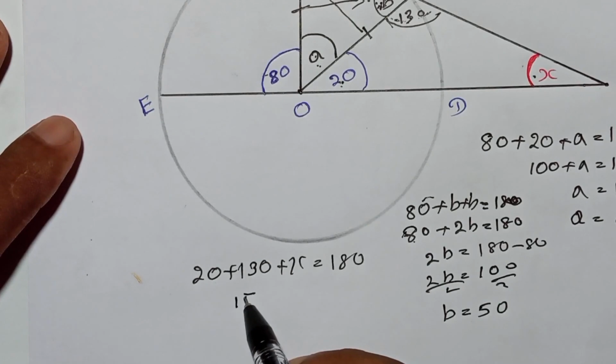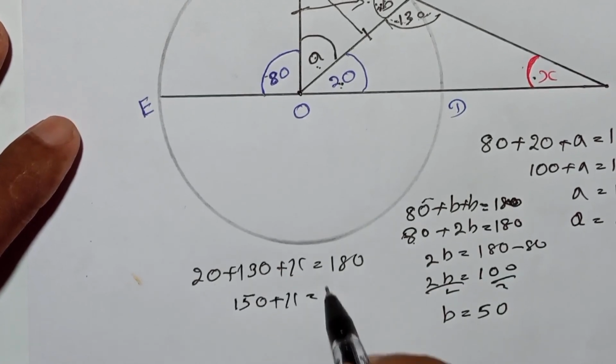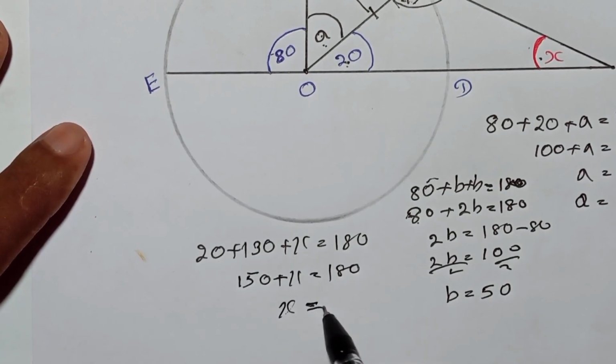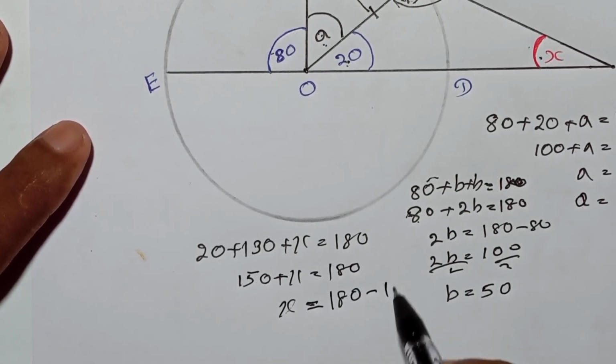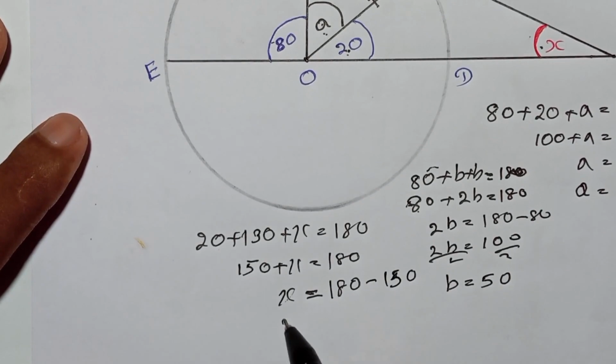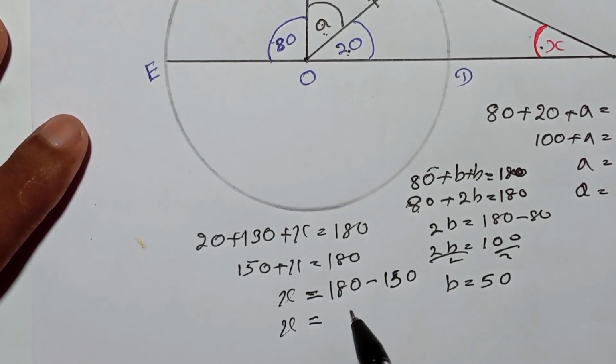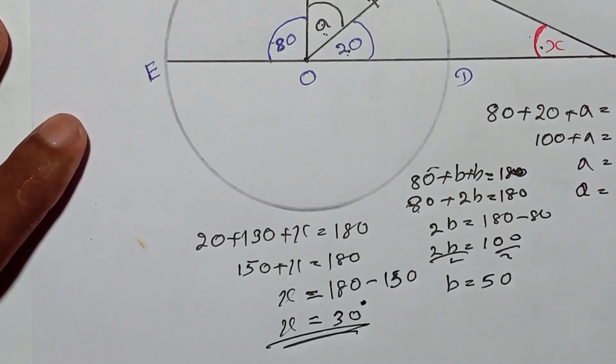Here 150 plus x equals 180. So 150 brings to here, 180 minus 150, which is 30. So x equals 30 degrees.